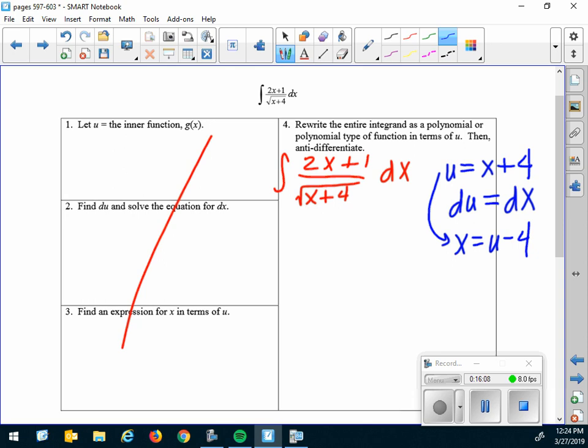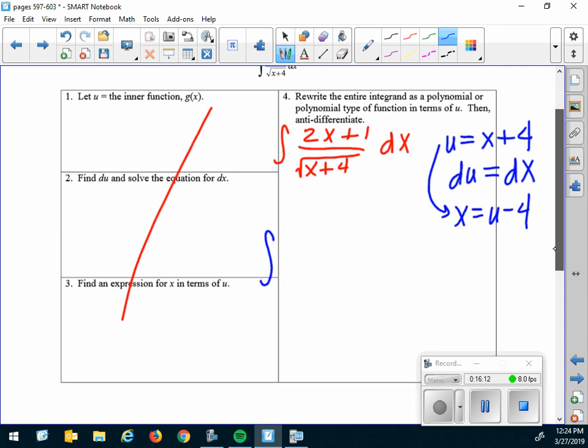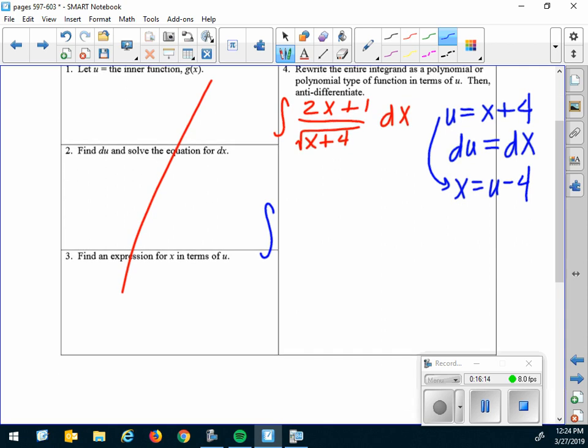Okay, so let's see what we got. This is the integral of, let me go to a different color here, 2 times u minus 4 plus 1 over the square root of u du. Did I lose you anywhere?